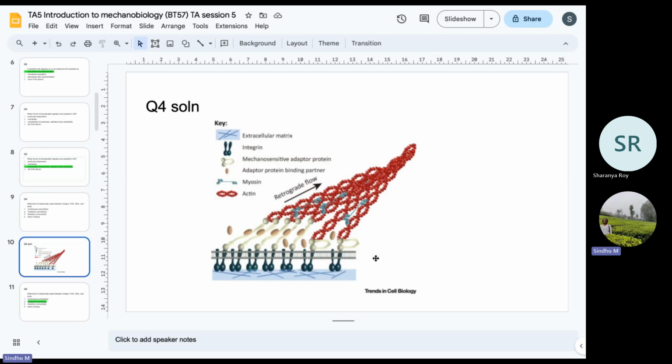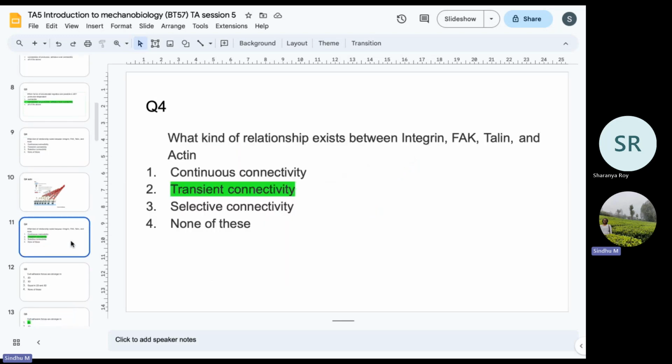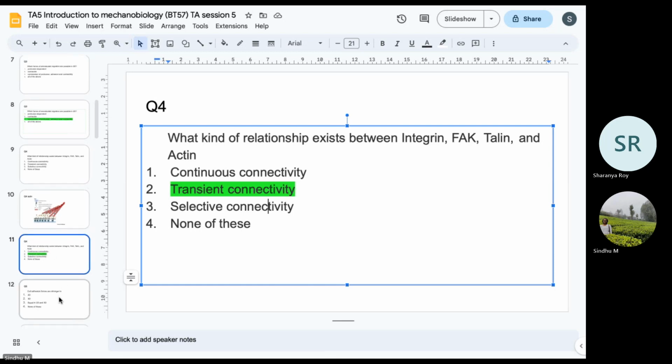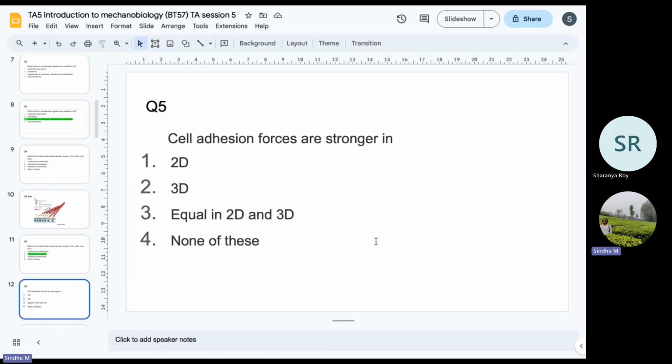But on a lower stiffness substrate with less traction force, it is not connected. So there is a threshold. Only above the threshold will integrin, talin, and actomyosin be connected. It is only a transient connection. So the correct answer is option B. Let's go to the next question.